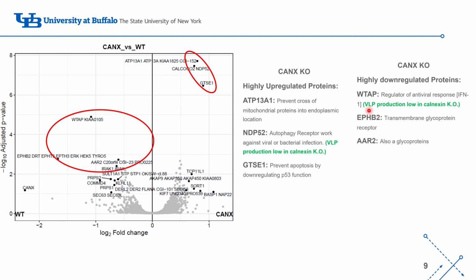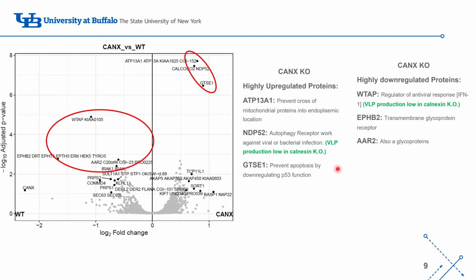These two observations are in line with the results published in Science Advances, that is, we do not see any signals for VLP in the calnexin knockout. The other two downregulated proteins are related to the genes EPHB2 and AR2. These proteins are glycoproteins, and one of them is a transmembrane glycoprotein.